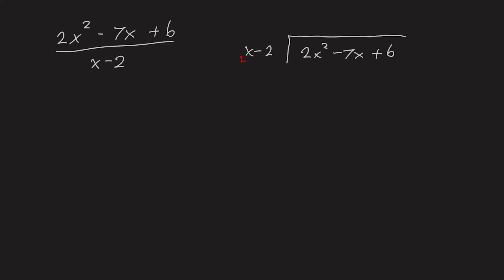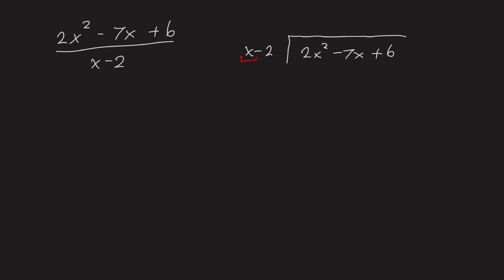So my highest order term right here is x. My highest order term right here is 2x squared. What do I need to multiply x by to get to 2x squared? I need to multiply x by 2x to get to 2x squared. So that is my first step.